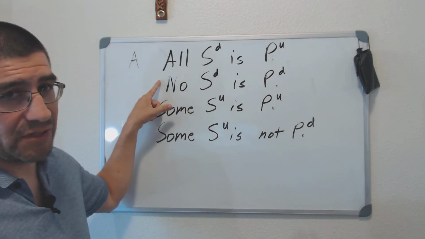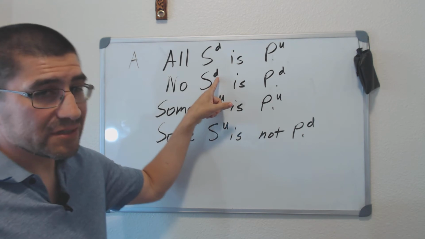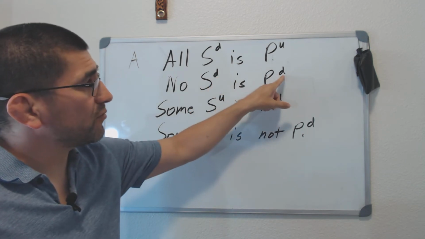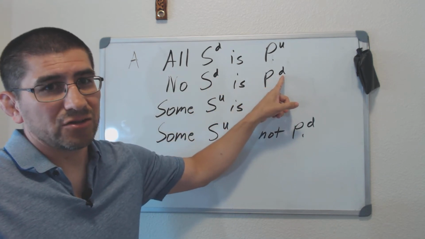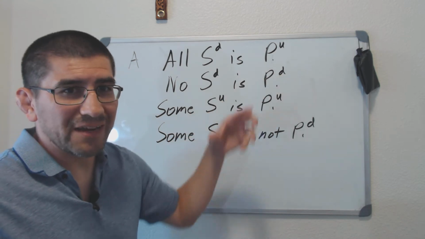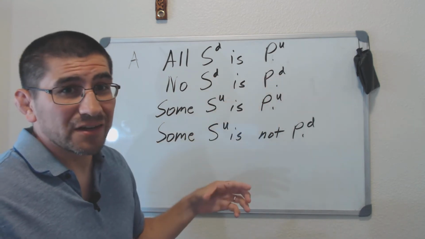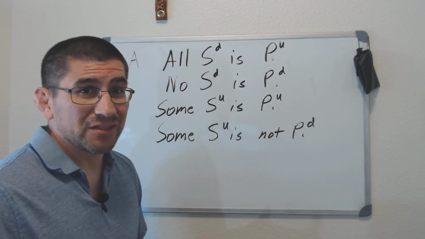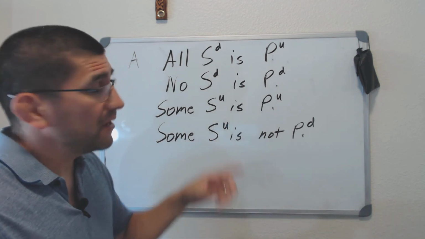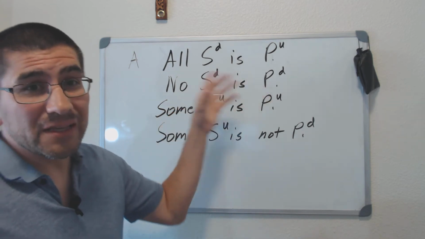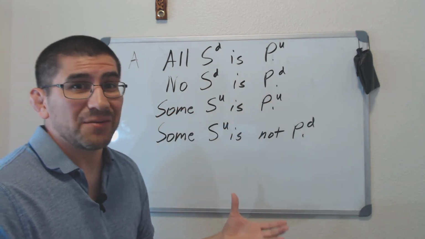Now I want you to notice here which two propositions have the same letters for both terms. Look at the E proposition. With the subject term there's a D, and with the predicate term there's a D. So both of these are distributed. They have the same letter. When a proposition has both terms with the same letter, you can switch those terms, and the proposition means the same thing.